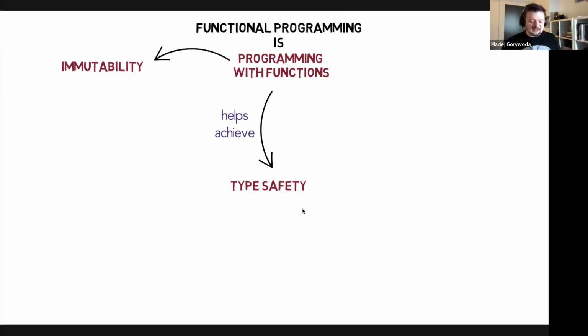Instead of having a statement that transforms the data inside, if we program with functions, it quite often means that we take some data and the result is a production, something that is created. So the data that goes inside the function stays as it was, and what we create is a new piece of data.